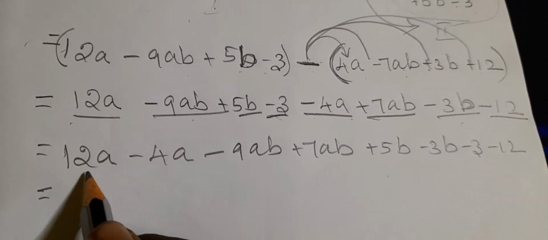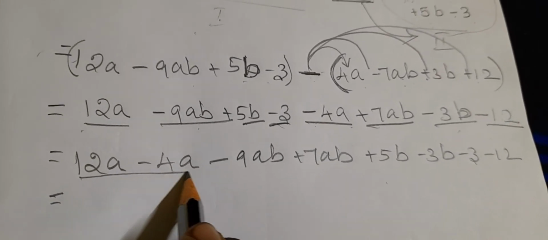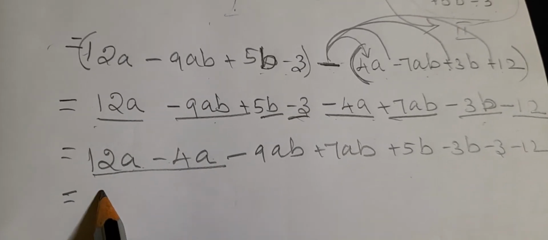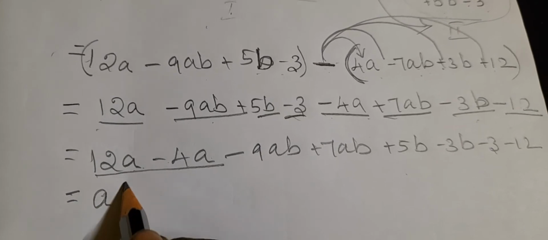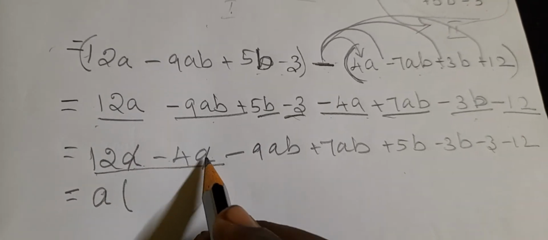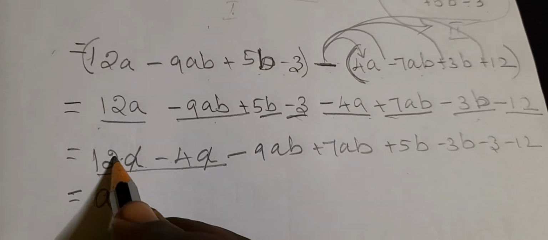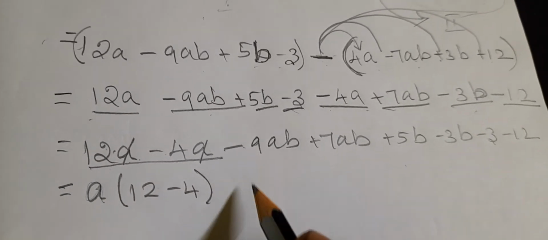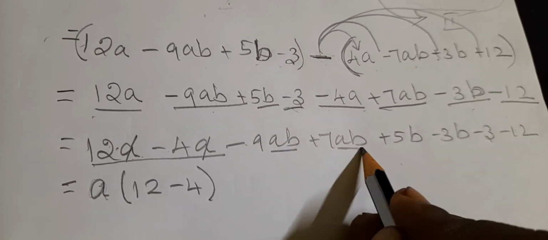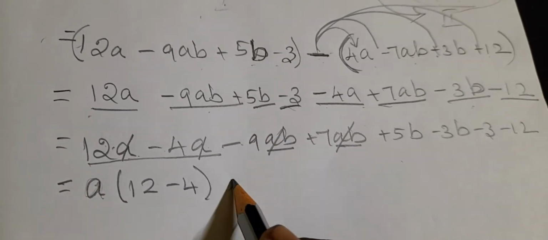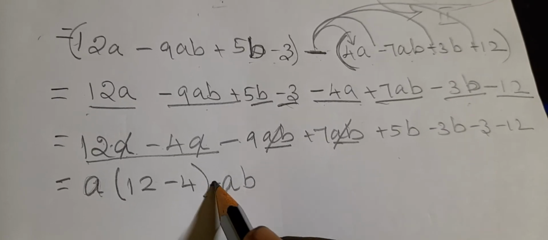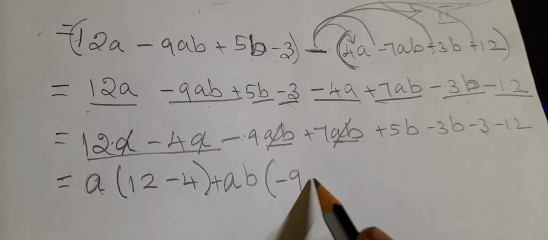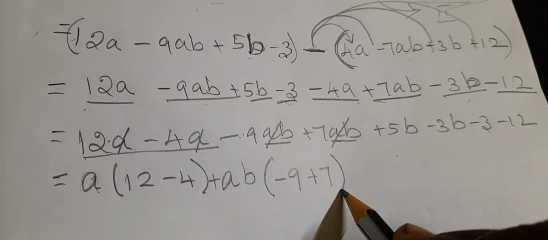Now let us solve the like terms alone. See, 12a minus 4a. Both are like terms. Or else we can write a as a common term outside of the bracket. The remaining is 12 minus 4. Next one, ab is common, so we will write ab, then within the bracket minus 9 plus 7.